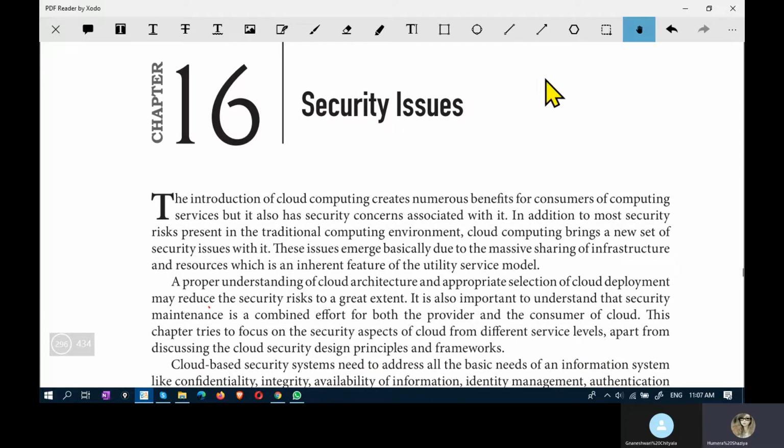Well, students, security is an extremely important aspect of any system. It's not only for cloud, it's for traditional computing, it's for even our personal computers and enterprise computing.